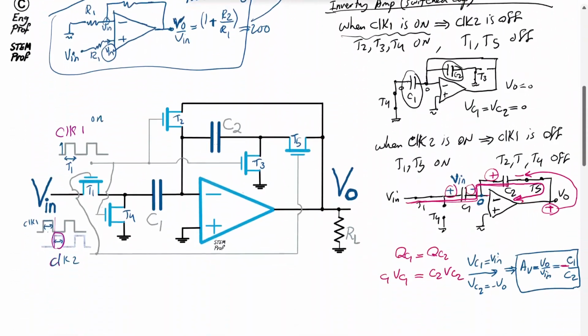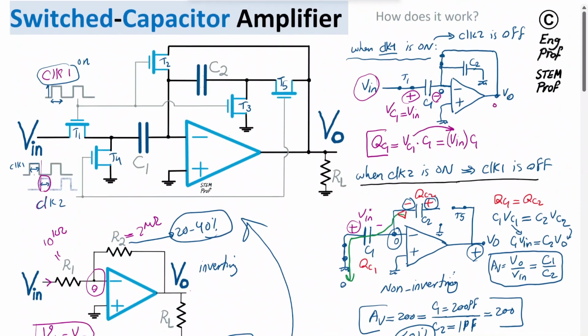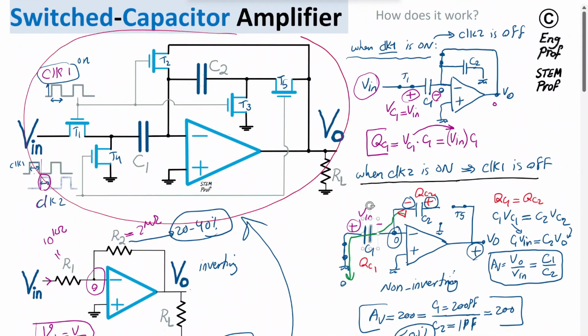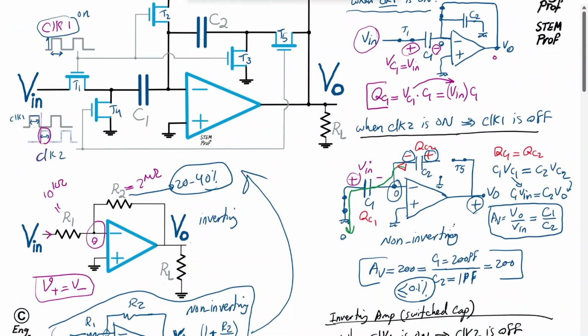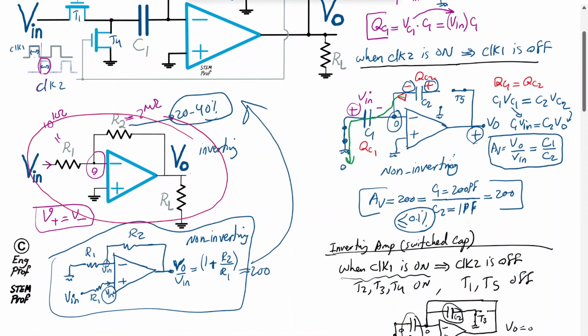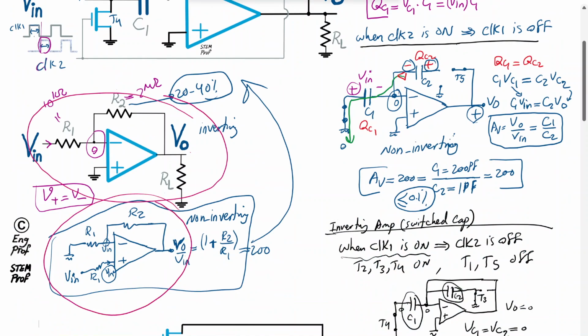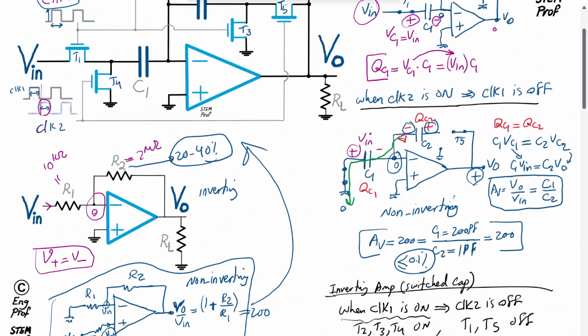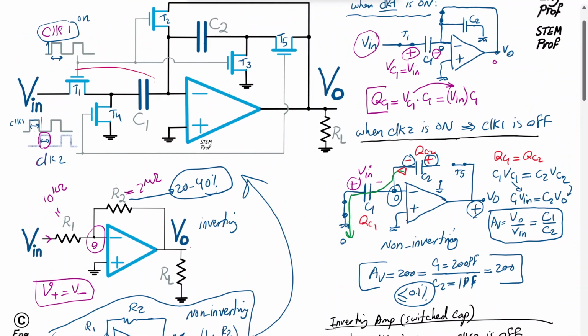Now, one last thing. Because this circuit is effectively realizing this passive resistor based inverting or non-inverting amplifier, we should be able to also say what is the equivalent resistance that is observed for C1 combined with switch and for C2 combined with switch.